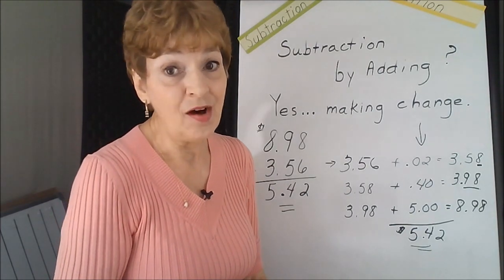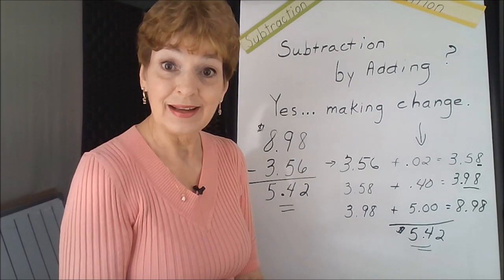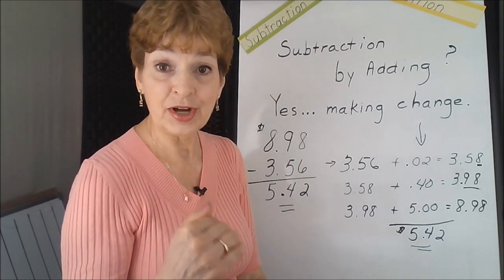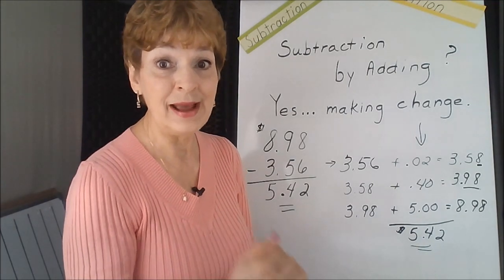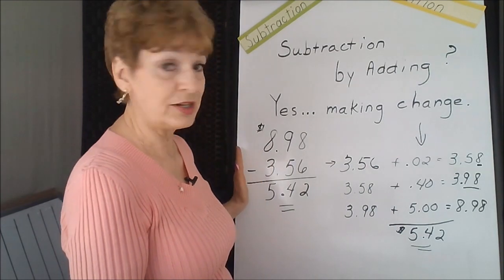Why do we need all of these different ways? Because we don't know how your child is able to process information. Your child's brain may be more adept at doing an addition step than a subtraction.